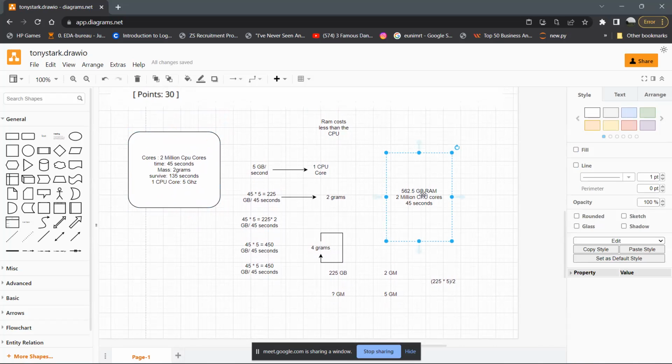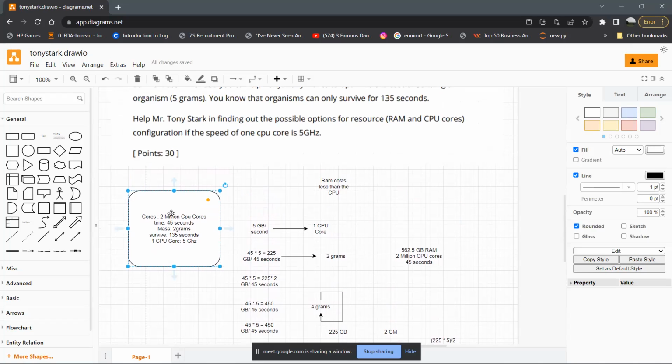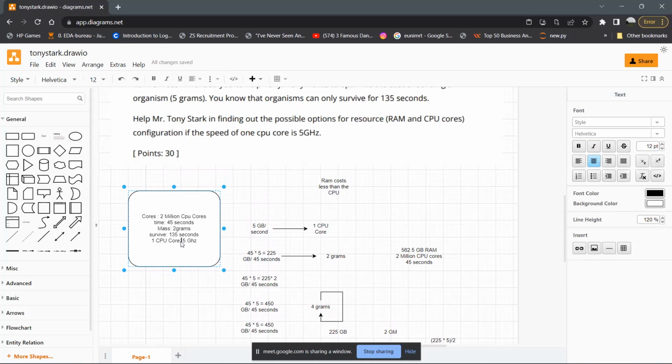What I don't get is why do we have to calculate RAM and CPU cores for this question? So it is like this. Let's say he has already come up with a solution for 2 grams, using 2 million CPU cores. Now he is asking for 5 grams. Increasing the RAM is the first thing you will do because it is less costly than increasing the number of CPU cores.